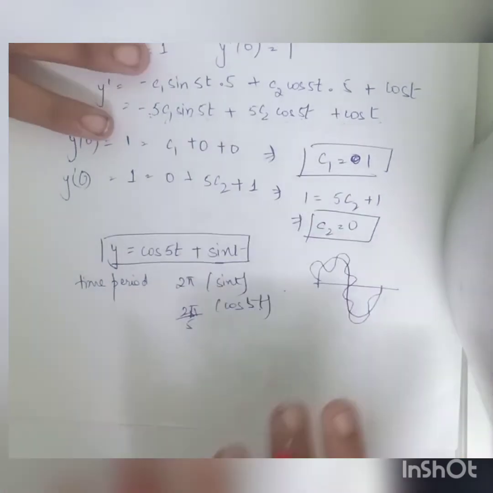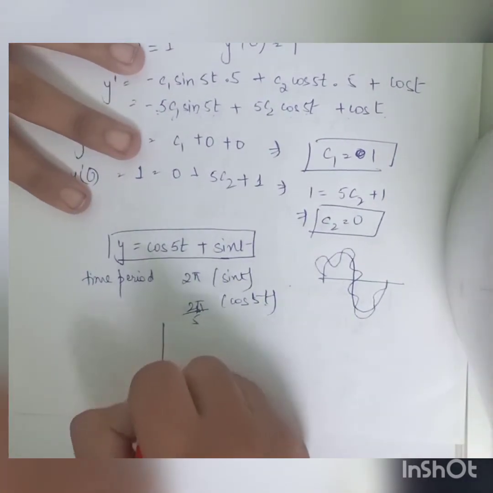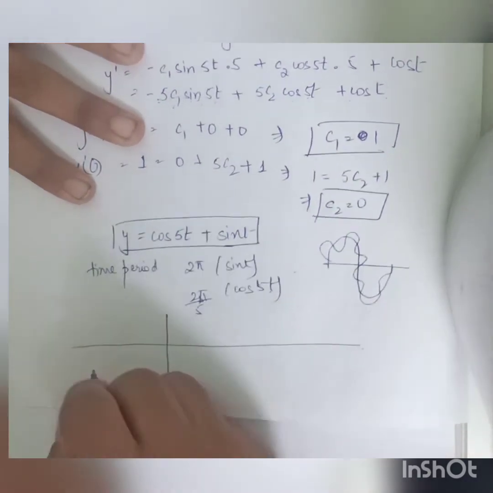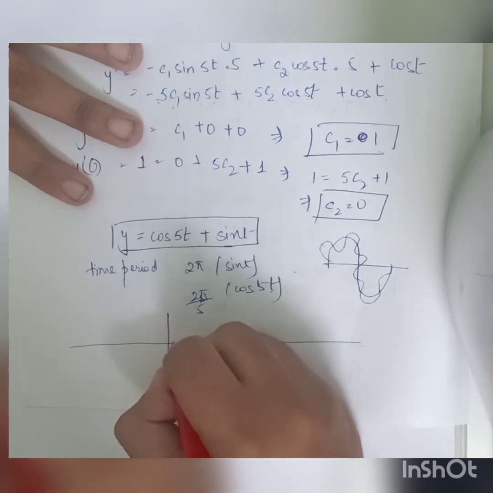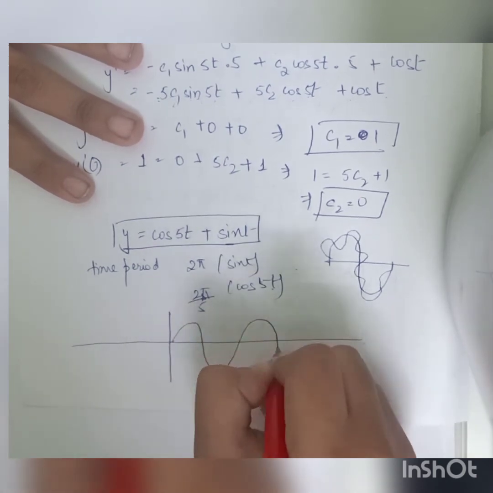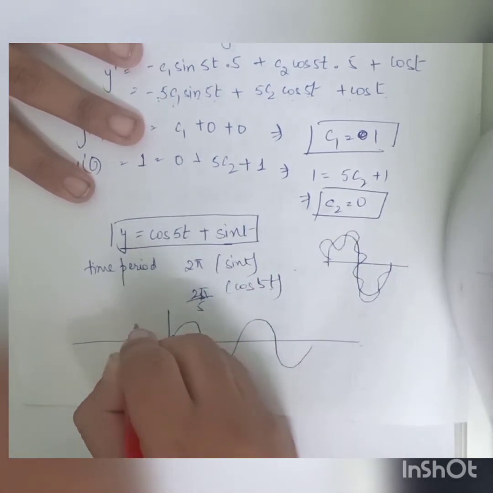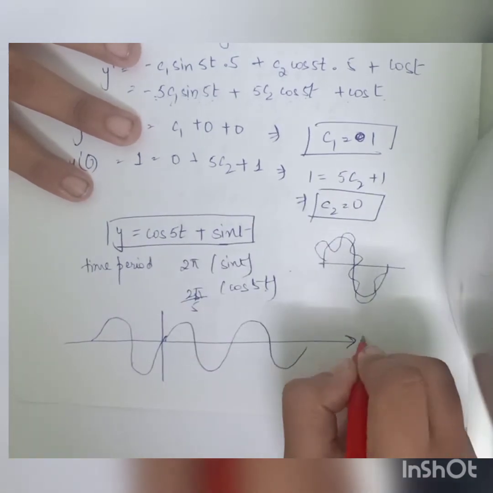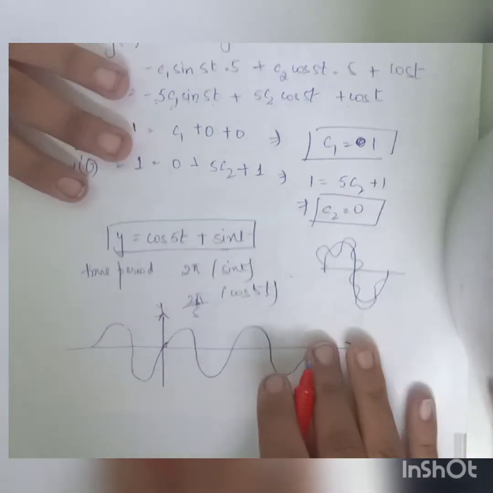Something like this, I'll just draw it. So if we have sin t like this, this is t, this is y.